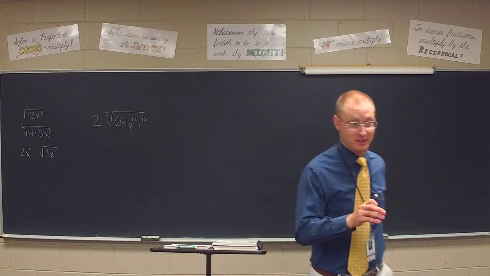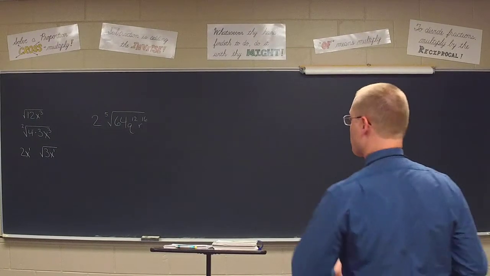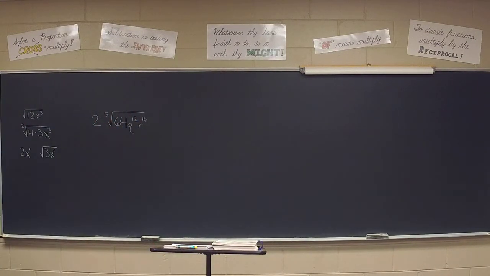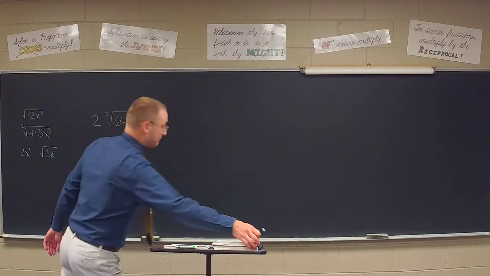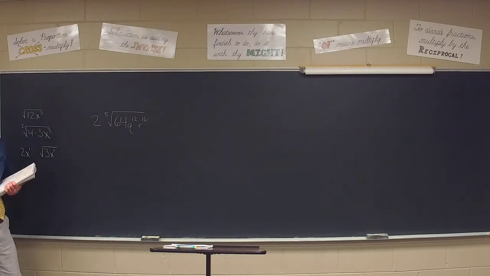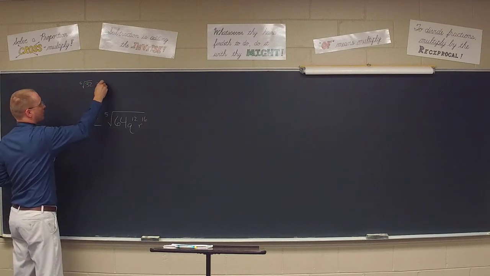Maddie, help him? 2 to the 5th is 32. So we've memorized the 5th root of 32, but that's the only one we know, right? Is there a 32 in 64? There is. So it's a good thing that we know the 5th root of 32 is 2.